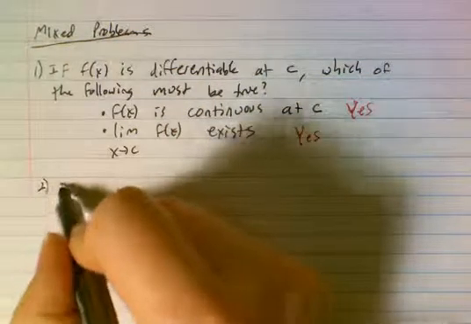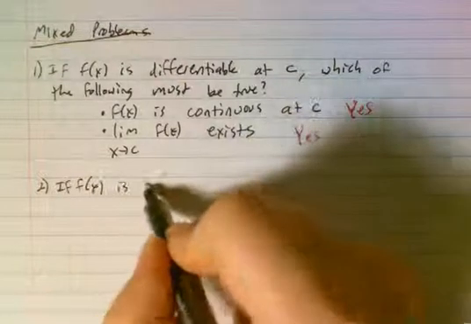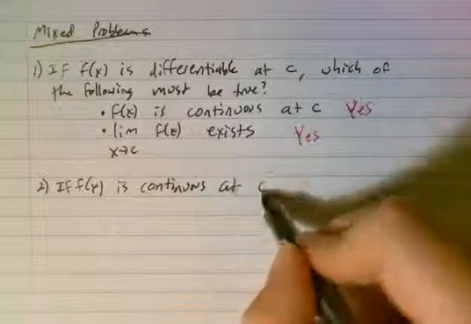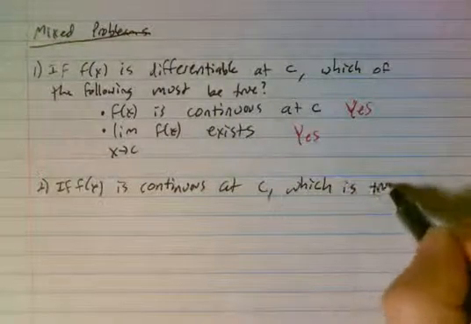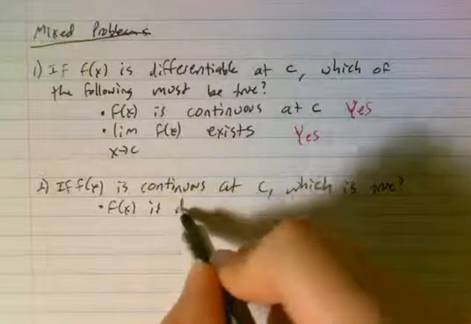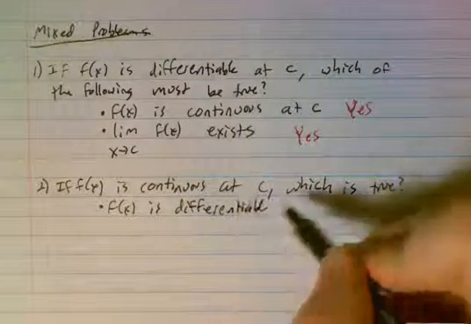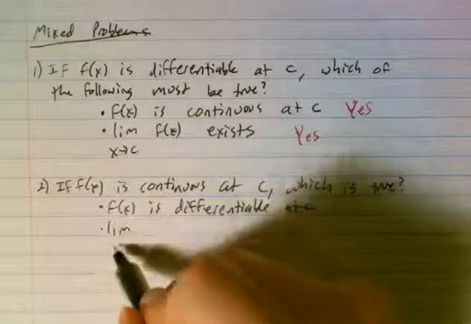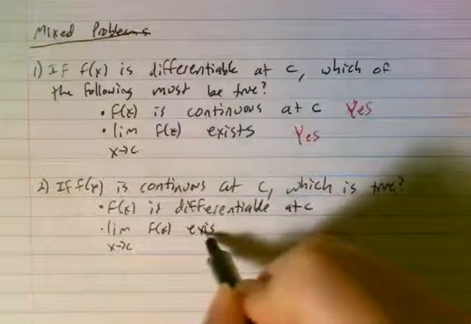However, if f of x is continuous at c, which is true, f of x is differentiable at c, limit as x approaches c of f of x exists.